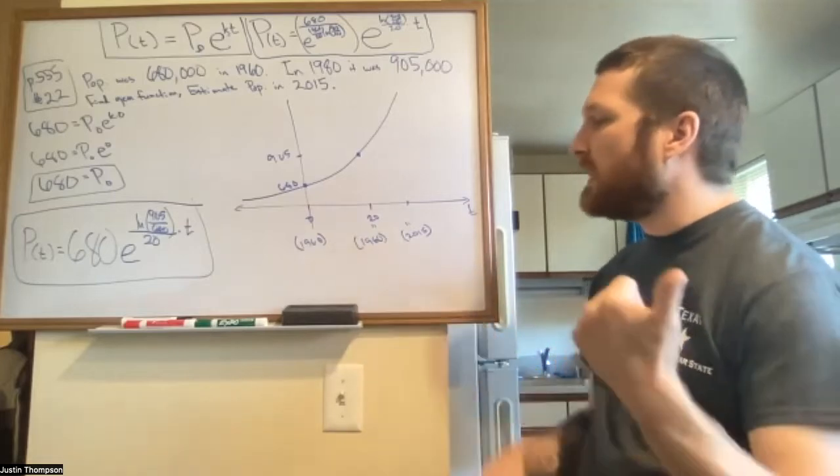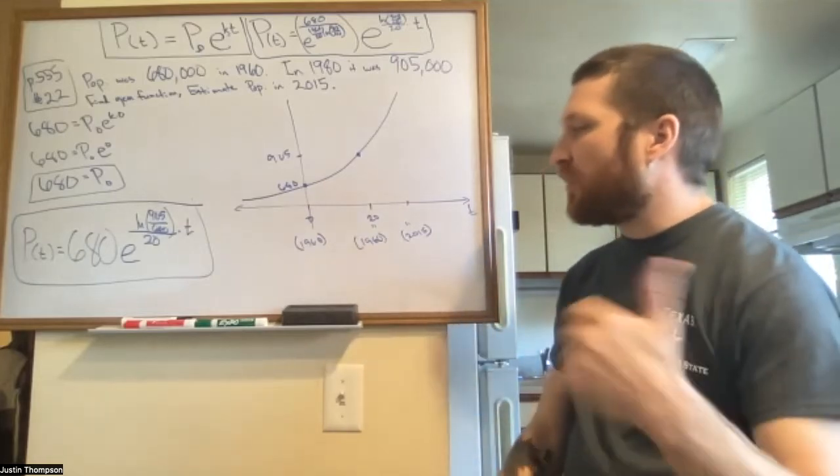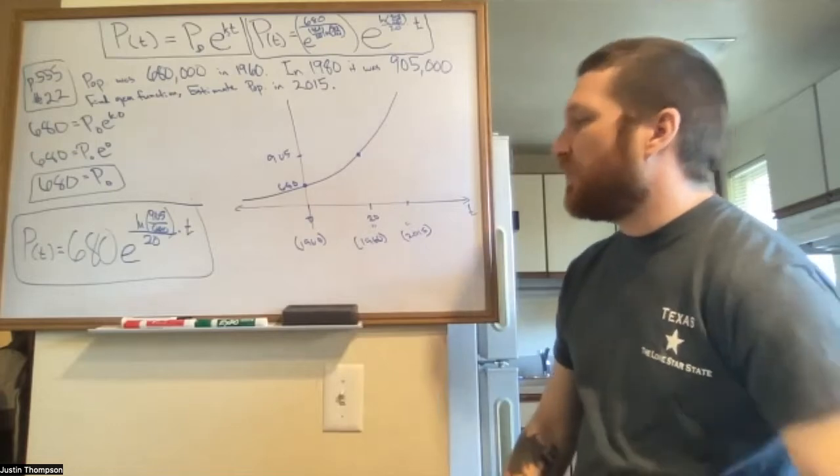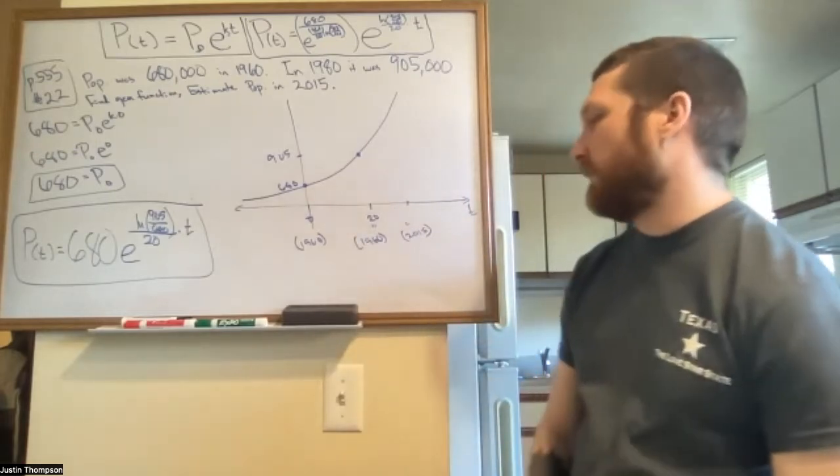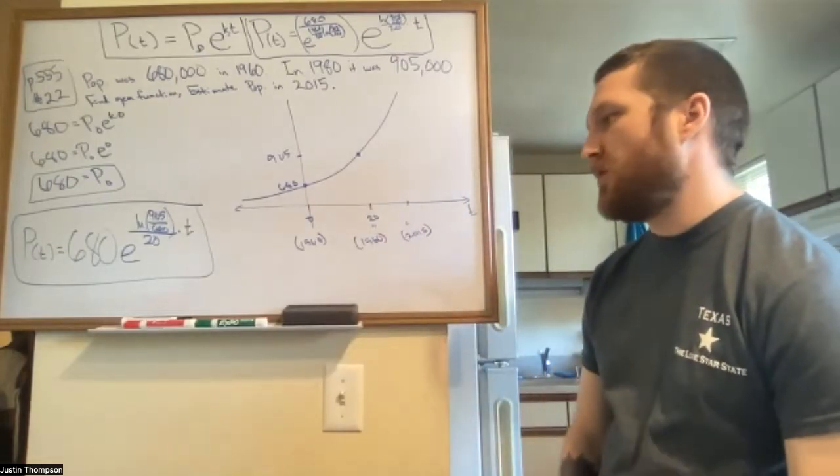35. So let's see. 20 is 1980, so 30 would be 1990, 35 would be 1995.